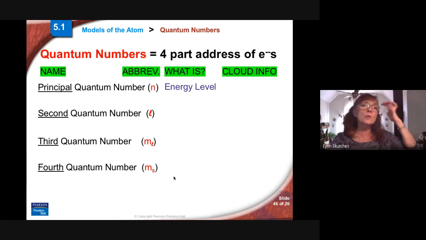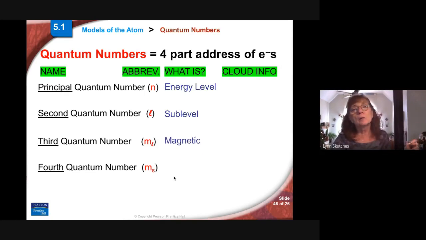Well, the first quantum number, or the principal quantum number, those terms get used interchangeably, defines the energy level of the electron. The second one describes something called the sublevel. The third one, the magnetic orientation. And the fourth one is something called spin.